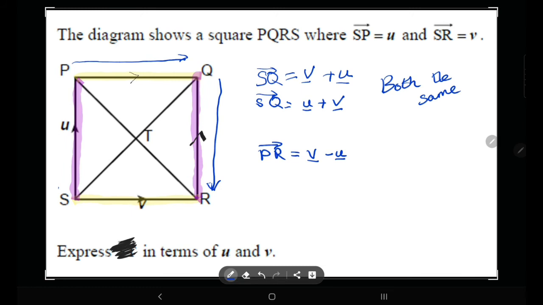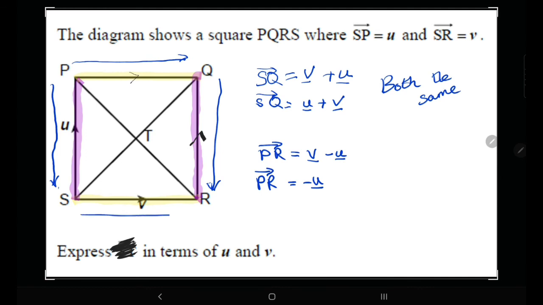What about if we'd gone the other way and we first went down to S? Well, that would be P to R is first negative U, and then we go along to R, positive V. And again, it doesn't matter which way round the negative U and the V are, you're still getting the same answer.